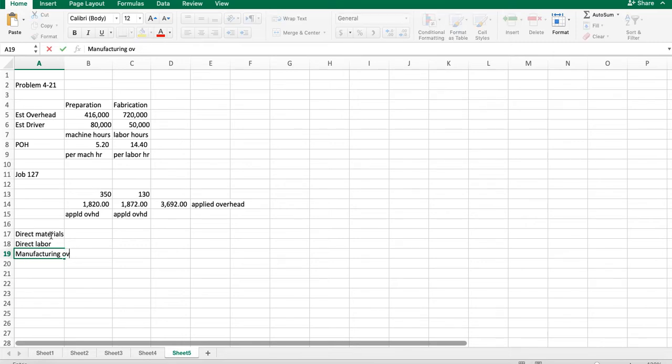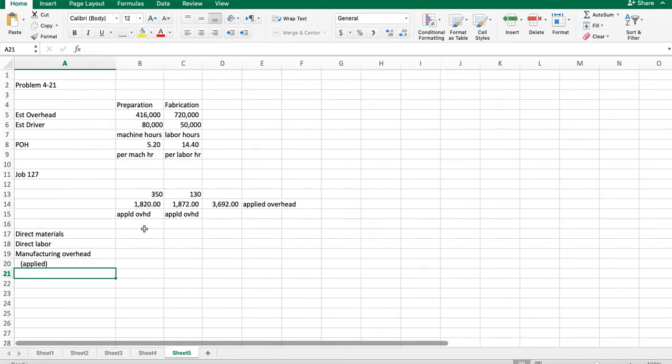Now, keep in mind this overhead that we have on the cost card is applied, not actual, because we've got actual overhead accumulating in a control account, but we're applying it based on our estimates as we produce our units. And so we're given all of the information we need in the problem.